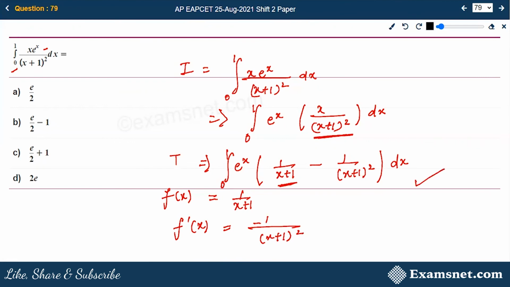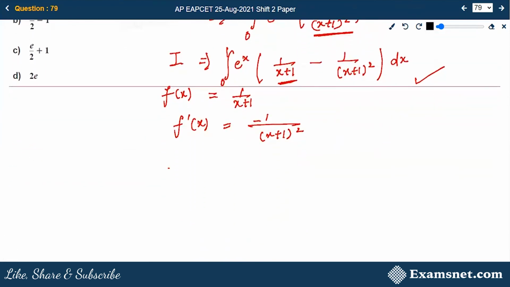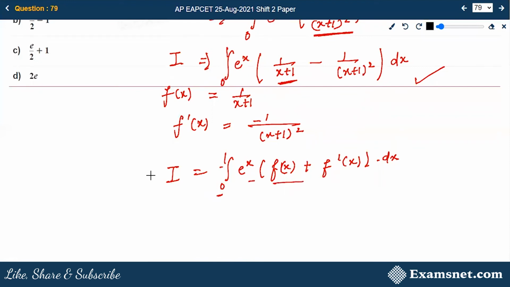This integral I is of the form, I is from 0 to 1 of e^x into f(x) plus the derivative of the same function. See, this you are having from 0 to 1 e^x (f(x) plus f dash x) dx. This is equal to e^x f(x) from 0 to 1.